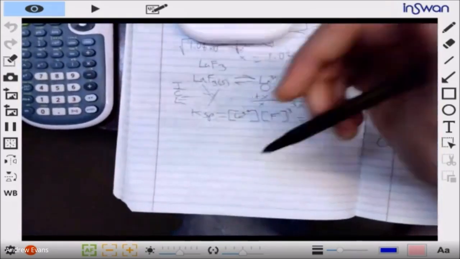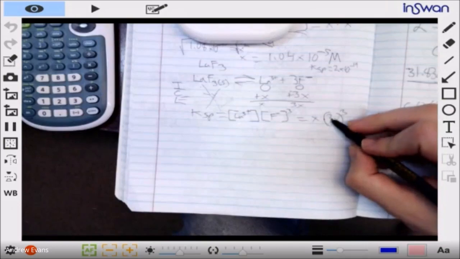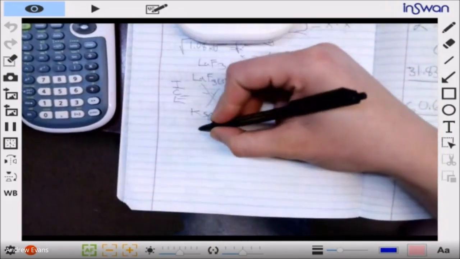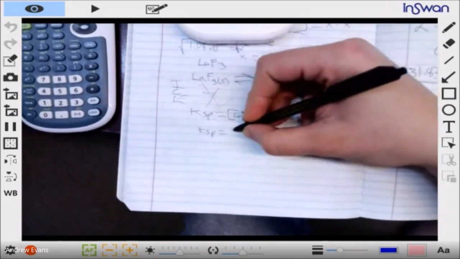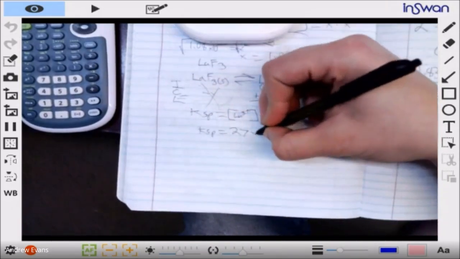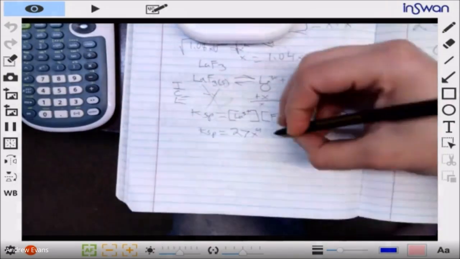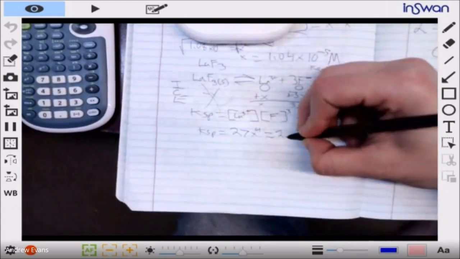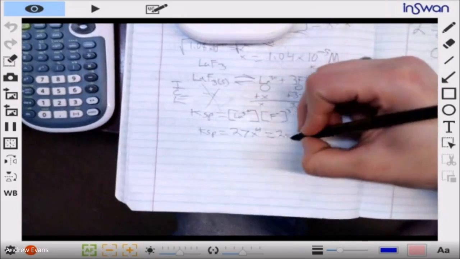So 3 times 3 times 3 is 27. 27 X cubed times X is 27 X to the 4th. And all that's equal to our Ksp of 2 times 10 to the negative 19th.